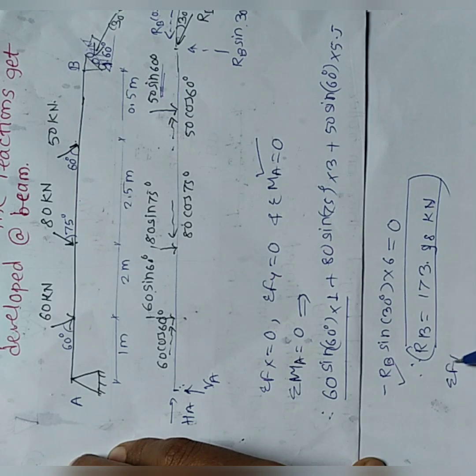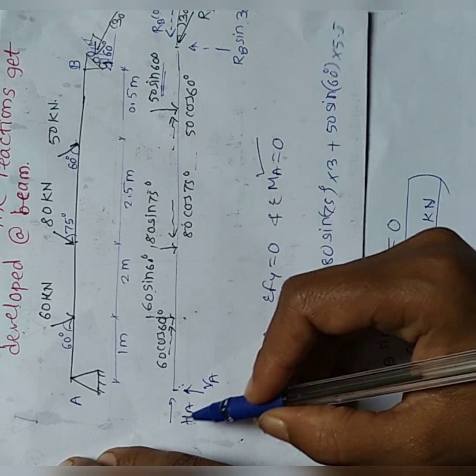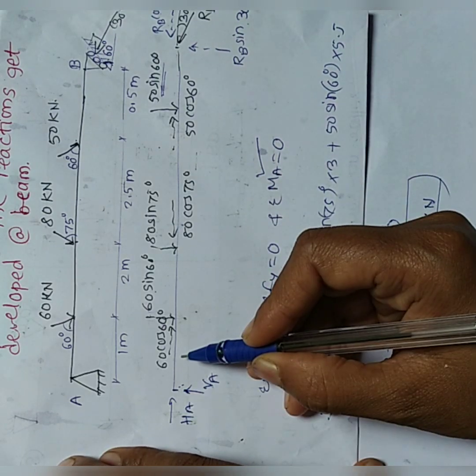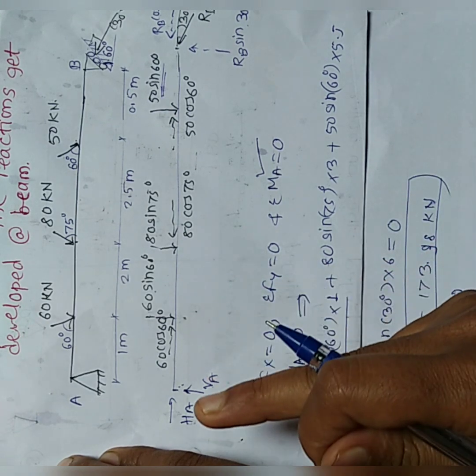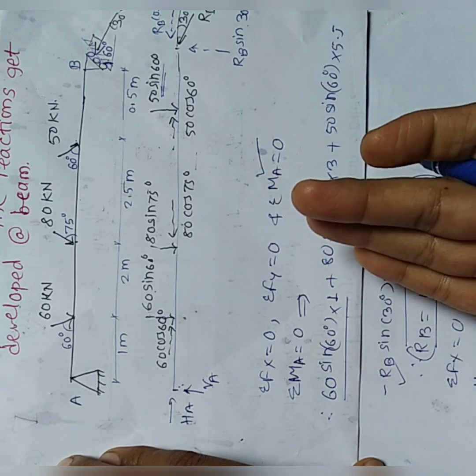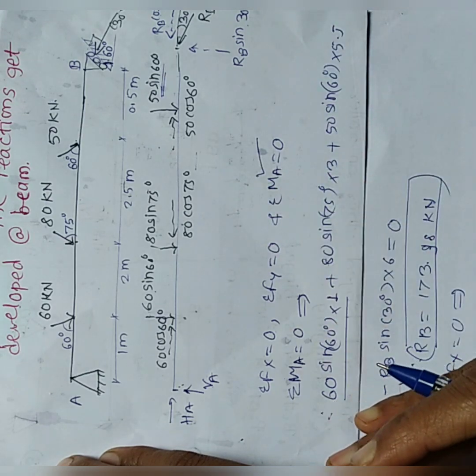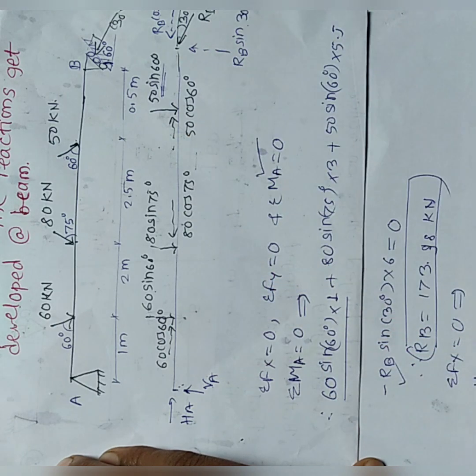Okay. Now to calculate the value of VA and HA, go for another equilibrium condition. Suppose summation Fx equal to 0. So see what the horizontal components are. HA going towards the right hand side is taken as positive. The sign conventions for beam: all the forces going towards the right hand side are taken as positive, all the forces going towards the left hand side are taken as negative, and moment, clockwise moment as positive, anti-clockwise moment as negative.